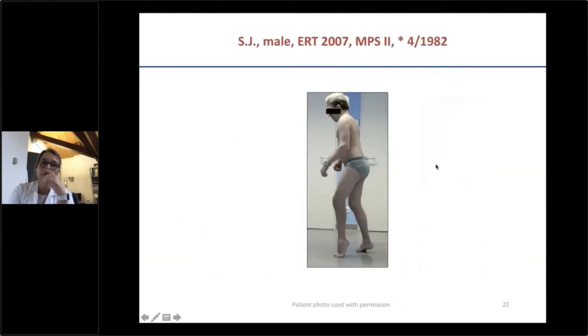And I would like to show you a case from mine as well. It's funny, but these are the ones best documented with pictures I have. This is a male patient with MPS II. He started ERT in 2007, and you see these typical body features of MPS II. A severe contracture of the elbow, contracture of the hands, a flat spine with a hyperlordosis over here.